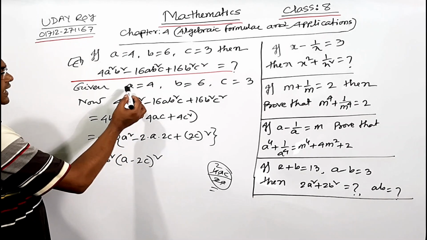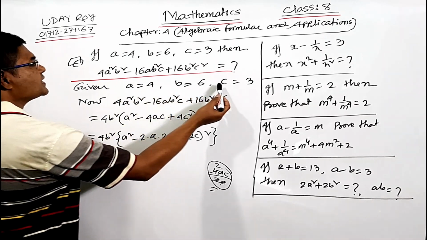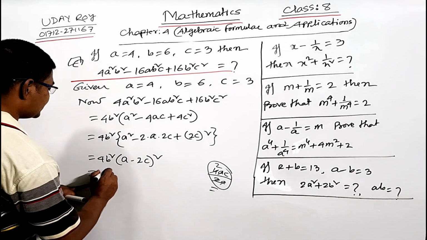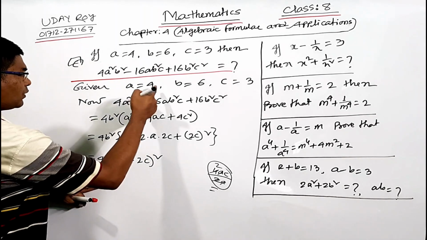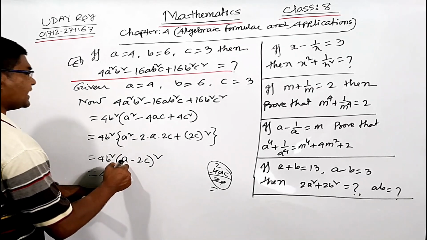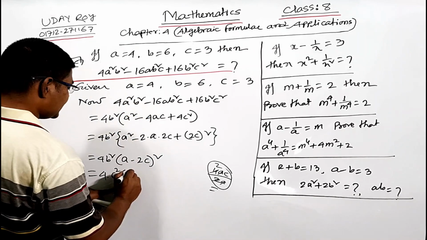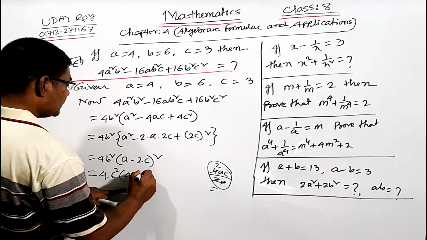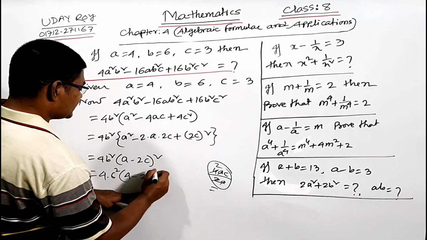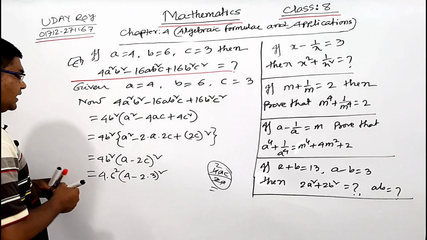So you can see here a equal 4, b equal 6, c equal 3. Now putting the values of b, here 4 and b equal to 6. And a, what is the value of a? Here the value of a is 4 minus 2. What is the value of c? c equal 3 whole square.